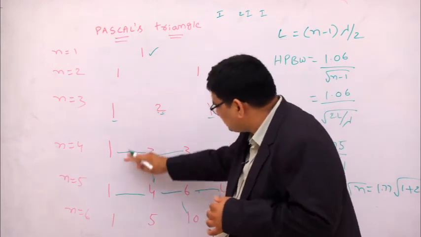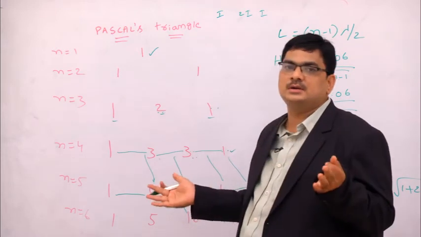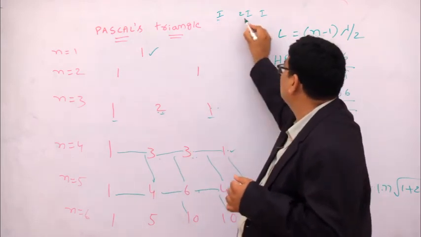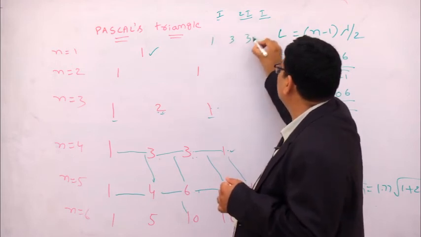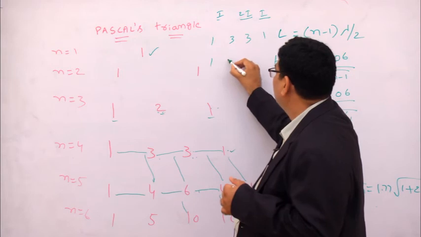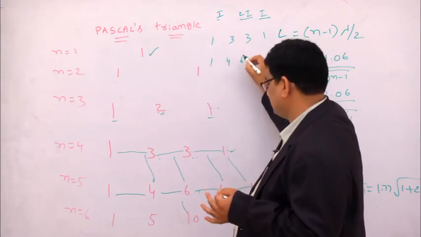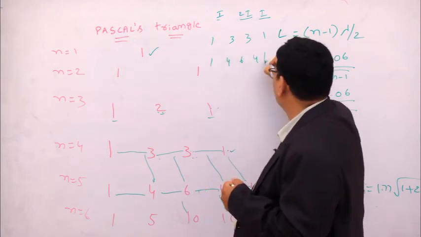After seeing all the arrangements, what we observe is 1, 2, 1. The next one is 1, 3, 3, 1. The next one is 1, 4, 6, 4, 1.